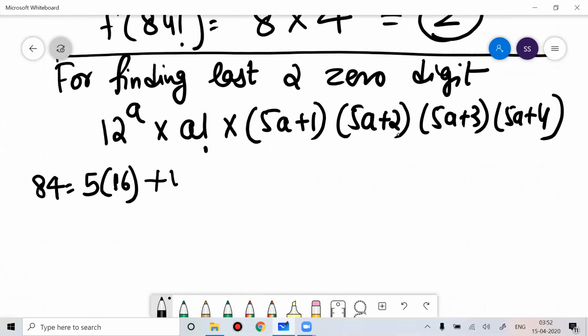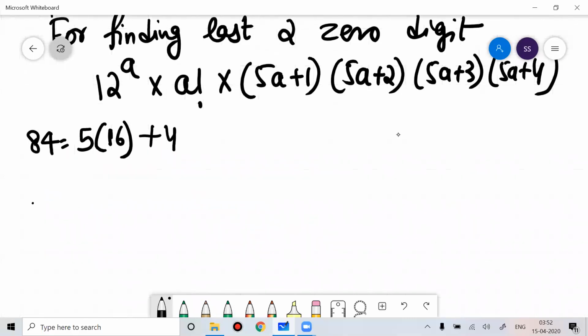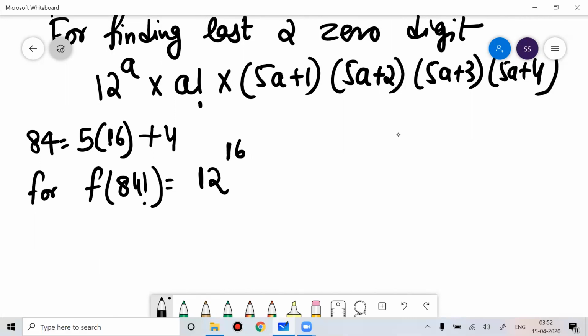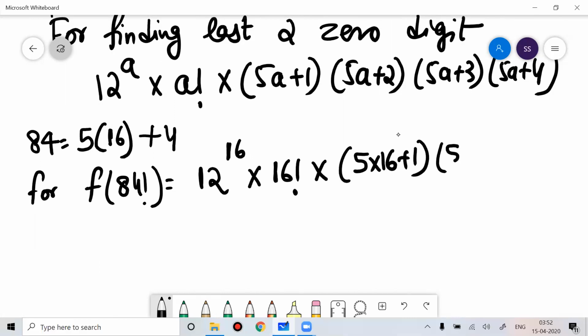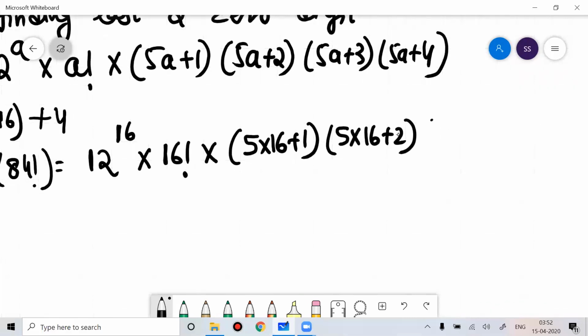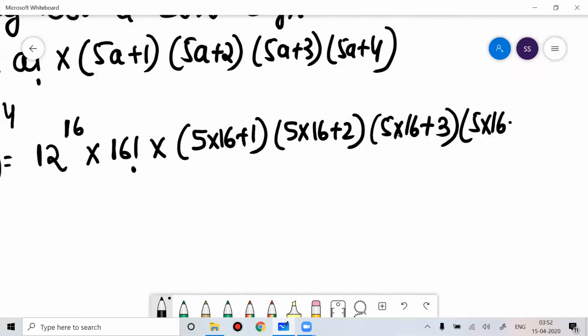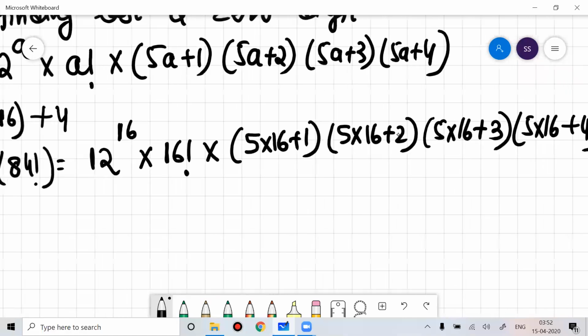If I want to solve, that would be 12 to the power 16 into 16 factorial into (5 into 16 plus 1) into (5 into 16 plus 2) into (5 into 16 plus 3) into (5 into 16 plus 4), because the remainder here is 4. So you have to go till 4.